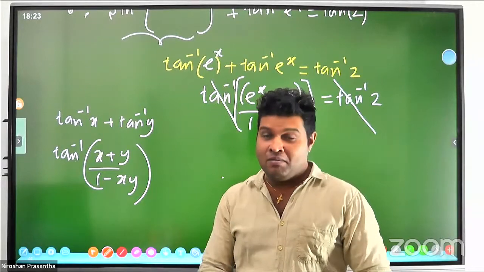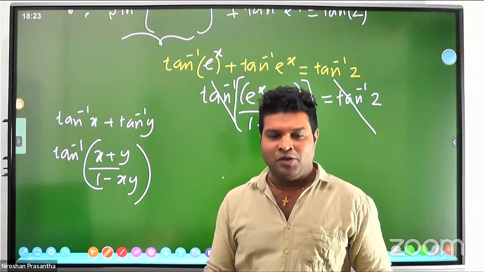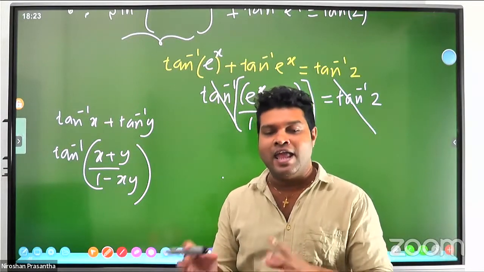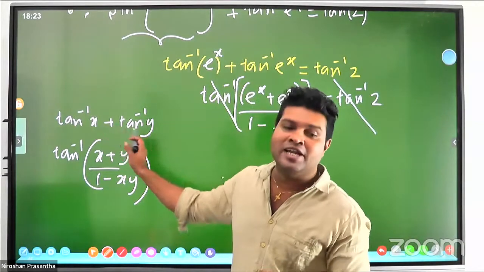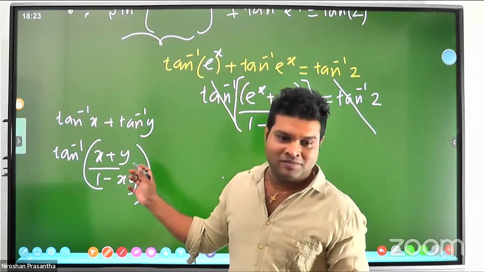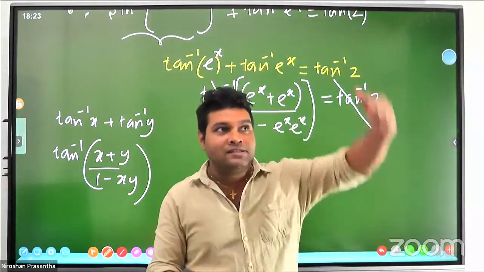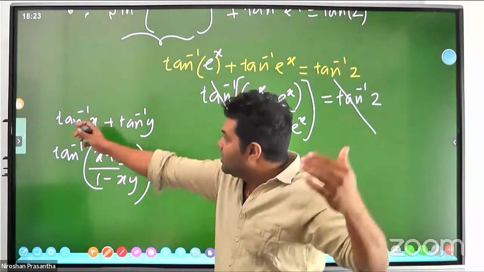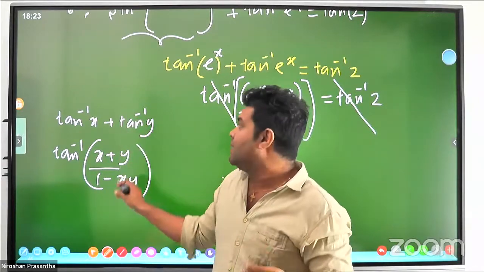If you don't know this formula, there is no use being in the syllabus. This is your big weak point. You will never get an A or B pass if you don't have this kind of connection, because theoretically you must have seen this. These are identities, not mathematical problems.